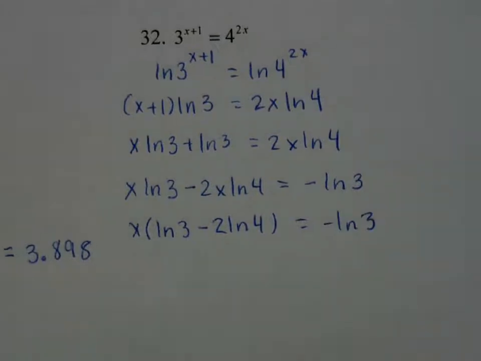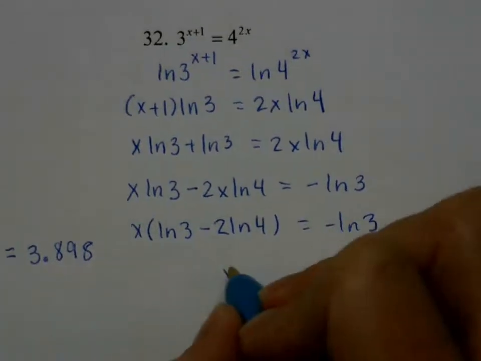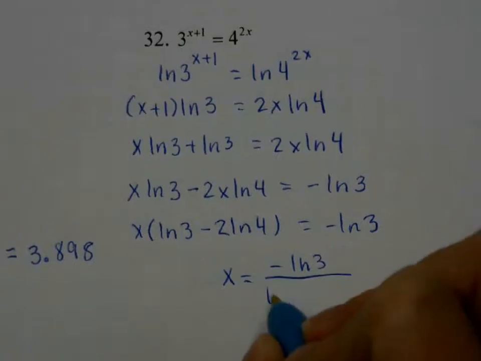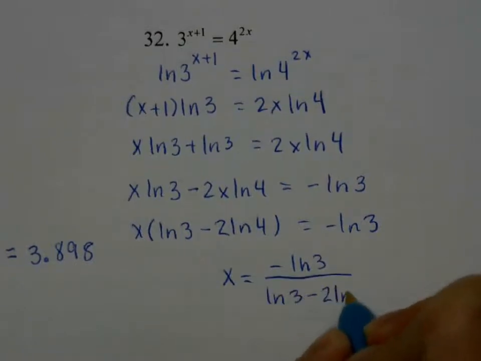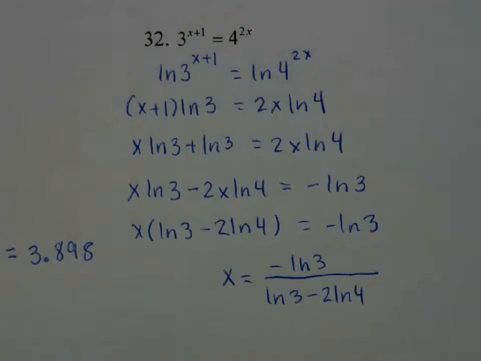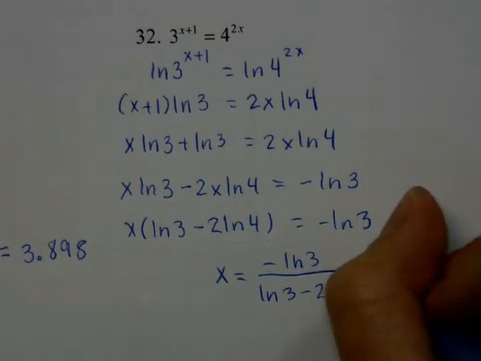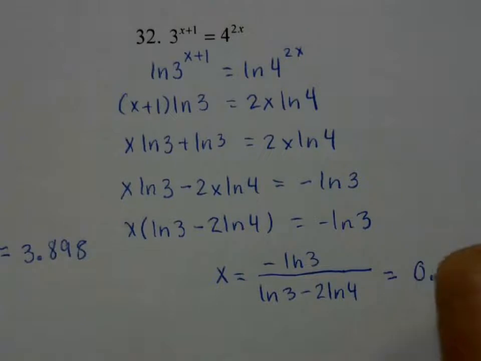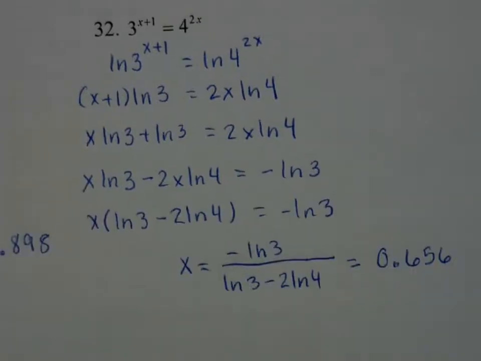Okay, then the last step to get x by itself is going to be to divide. So x will be negative natural log of 3 over natural log of 3 minus 2 natural log of 4. Three decimals is 0.656.